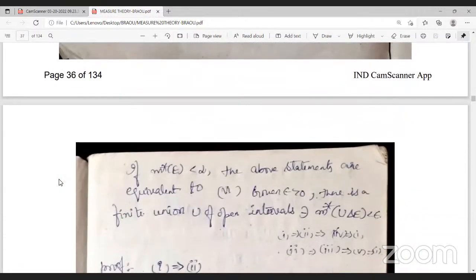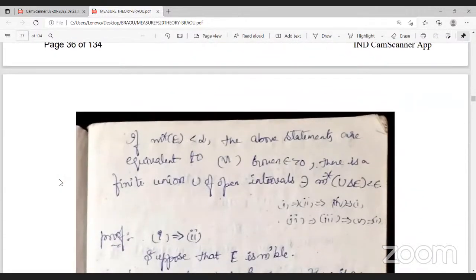Write down. Proof is: m star of E is what is that? Finite. Finite means less than infinity. And the above statements are equivalent to 5.1 or 6.1.